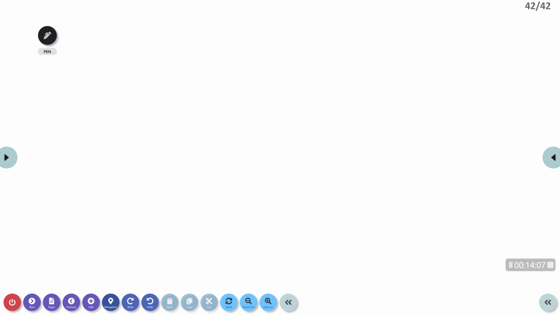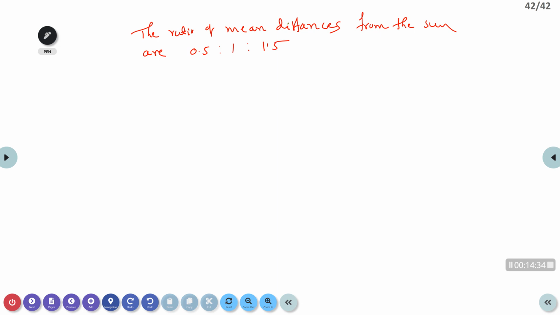What is that question? The ratio of mean distances from the sun are 0.5 is to 1 is to 1.5.